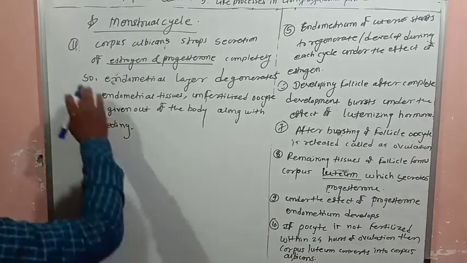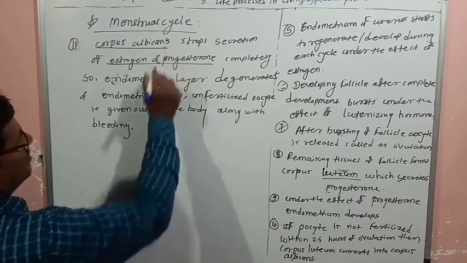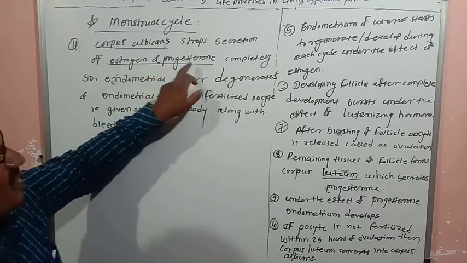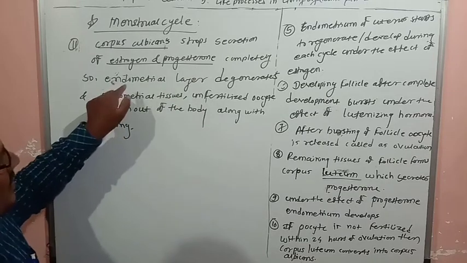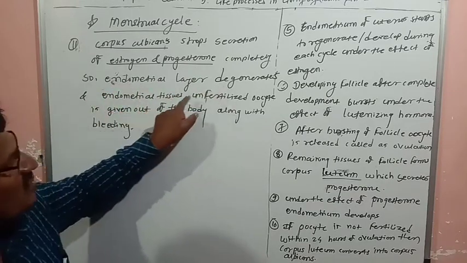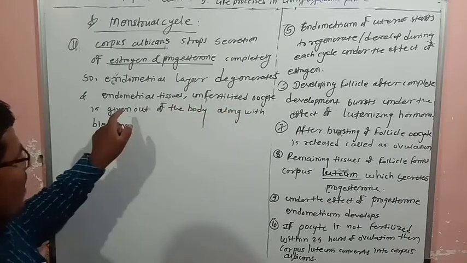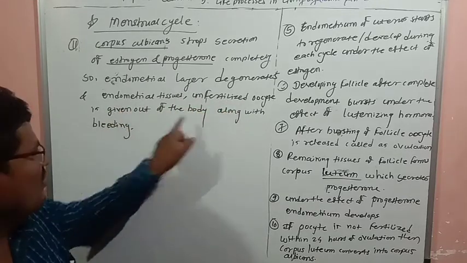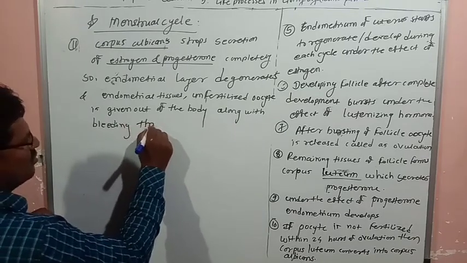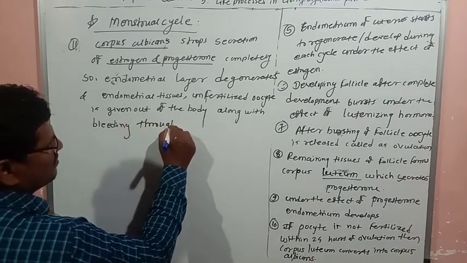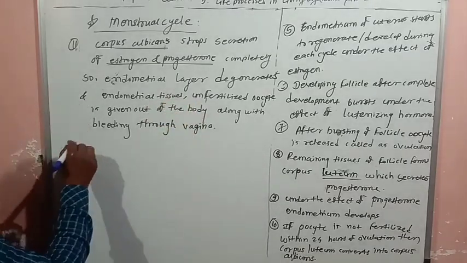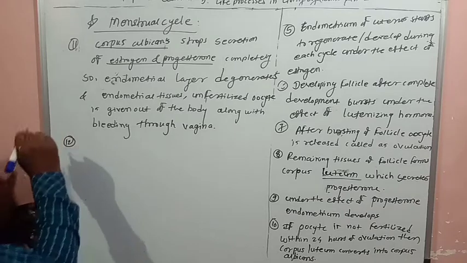If corpus albicans stops secretion of estrogen and progesterone completely, then the endometrial layer degenerates, and the endometrial tissues and unfertilized oocyte are given out of the body along with bleeding through the vagina.